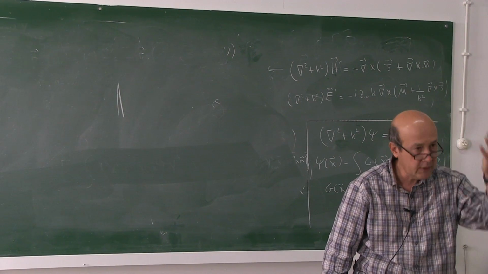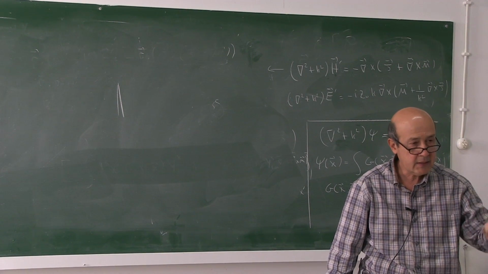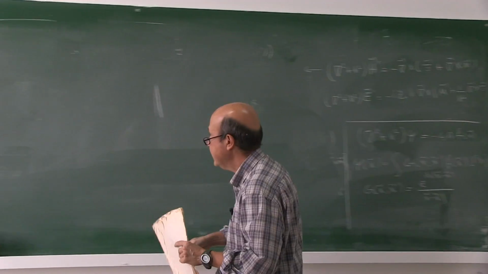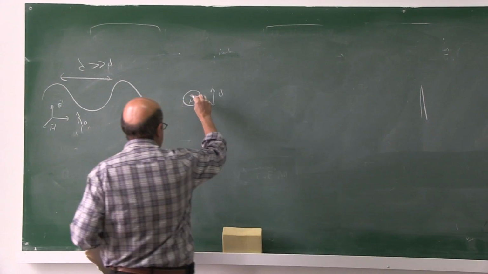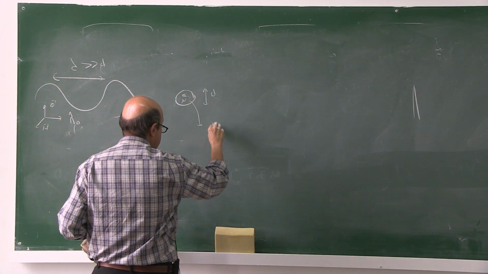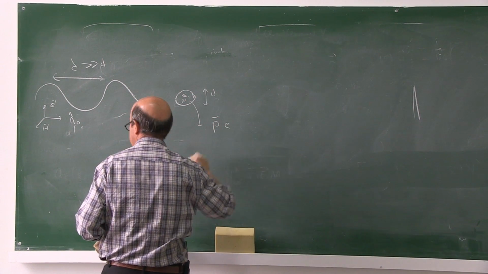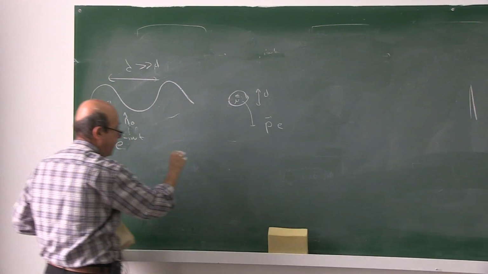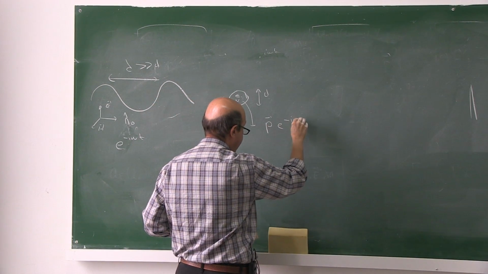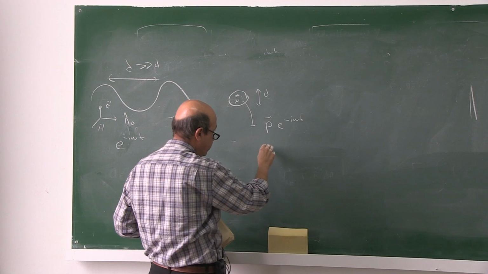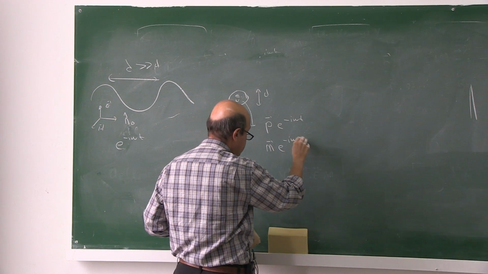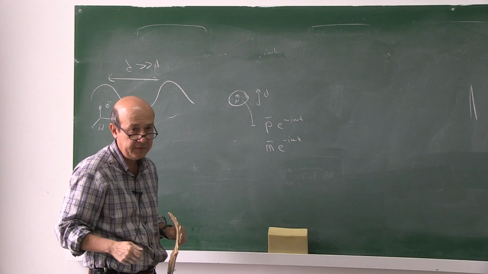Since the fields are oscillating back and forward, these polarized dipoles will oscillate. So basically, you can have here a dipole oscillating with the same frequency as the incoming wave, and also a magnetic dipole oscillating with the same frequency as the incoming electromagnetic wave.